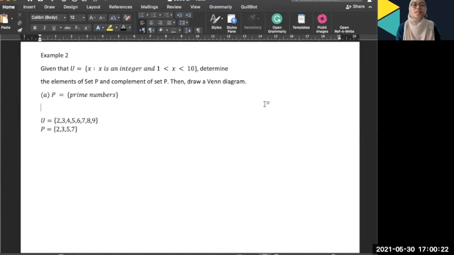Okay, I've listed down set U and set P. So, what happens to those elements that are listed in the universal set but not in set P? Yes, they become the complement of set P. So, we denote the set with P prime, and it will consist of numbers 4, 6, 8, and 9.